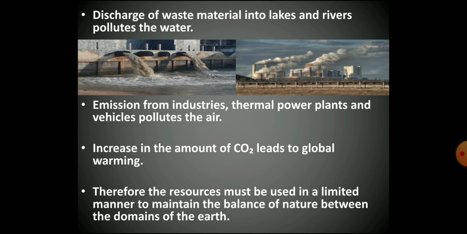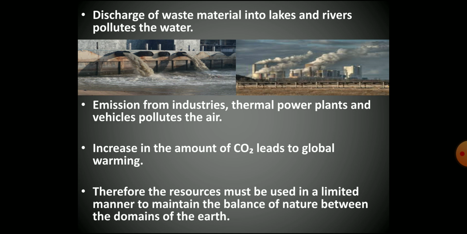We learnt in this video that carbon dioxide, that is CO2, is an important constituent of air. But children, if the amount of carbon dioxide increases, it causes rise in the temperature of the earth. This rise in temperature is known as global warming.